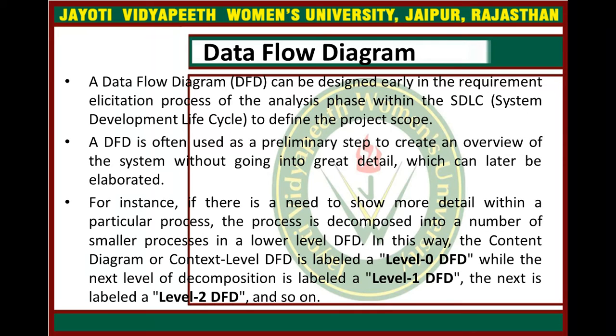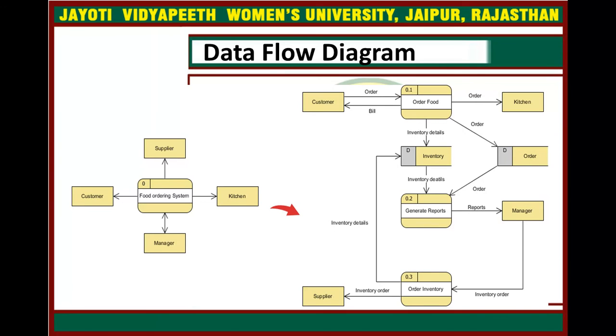The context diagram, or context level DFD, is labeled as level 0 DFD, while the next level of decomposition is labeled as level 1 DFD, and the next is labeled as level 2 DFD, and so on as per the detailed description. Now see this diagram, this is a general DFD.